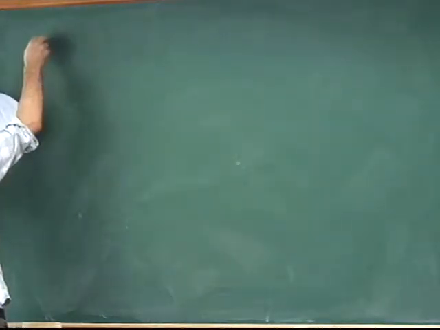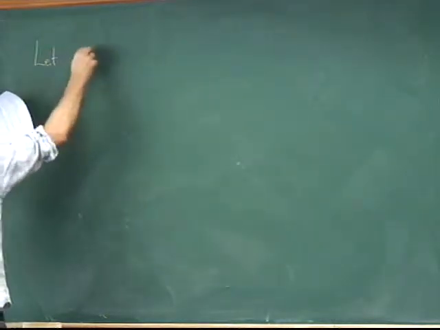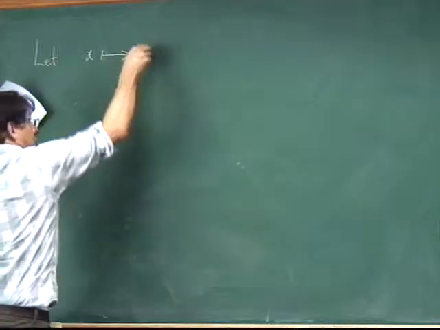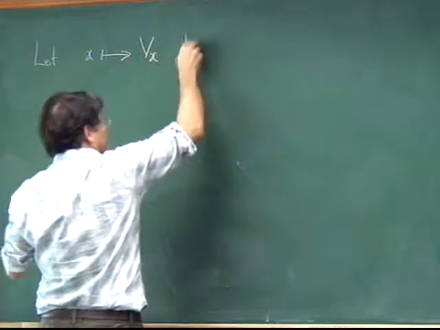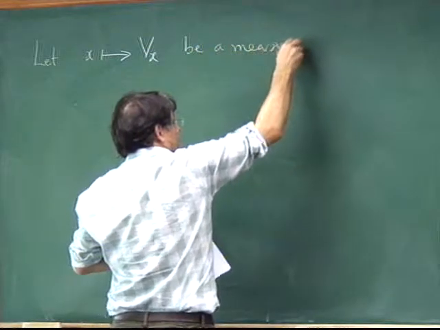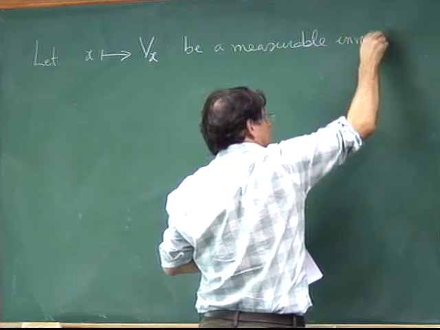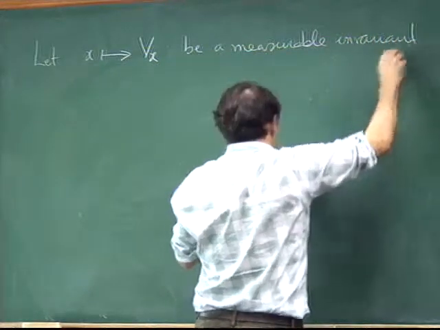So we're going to consider the following situation. Let x go to Vx be a measurable invariant subbundle.